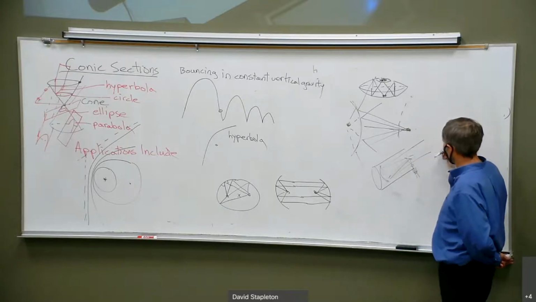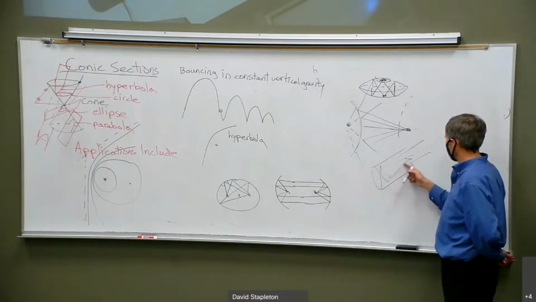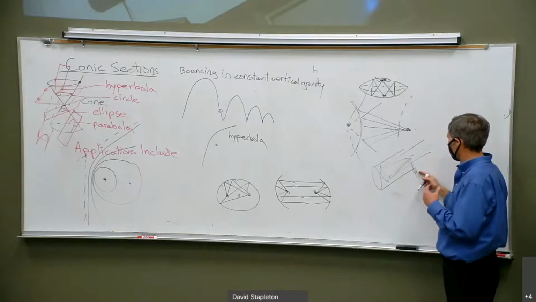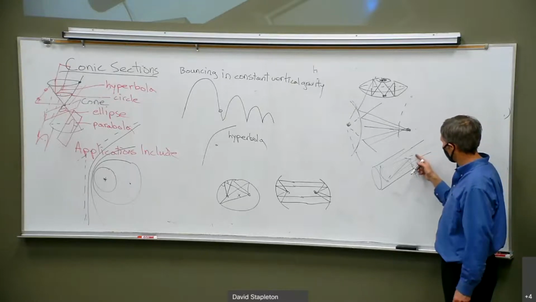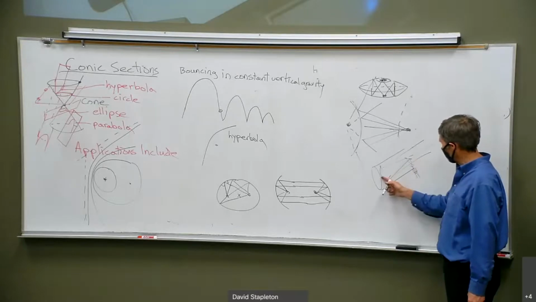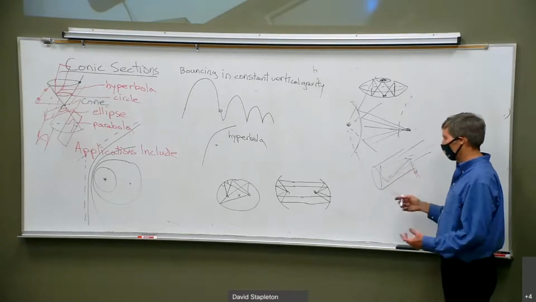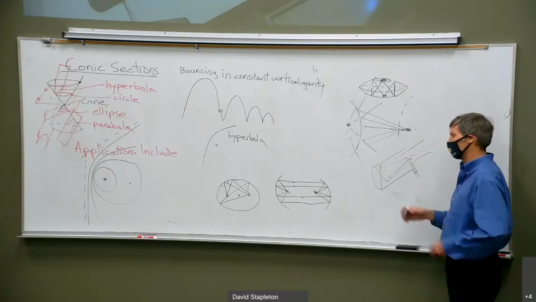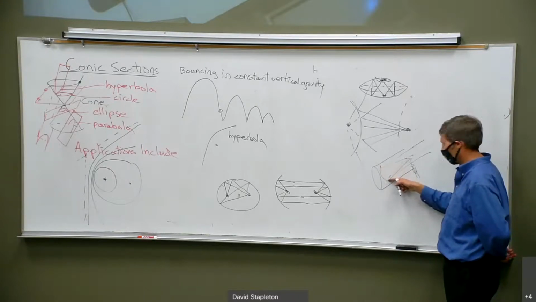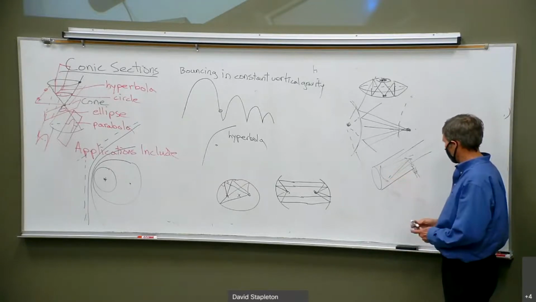If it's far away, it takes the parallel light rays and bounces them to a point. When you look at the little image through the lens, it blows up the image in a ratio of the focal distance of the big one to the focal distance of the small one. So if this distance is 100 times this distance, then the thing looks 100 times bigger. We won't get into the mechanics of that. But the point is, you use a parabola here to make a telescope, and now you're done with that chromatic aberration.